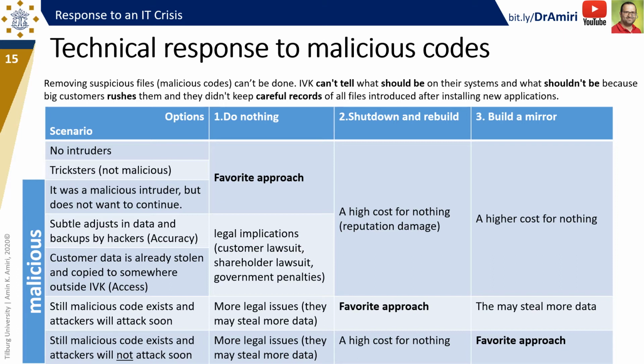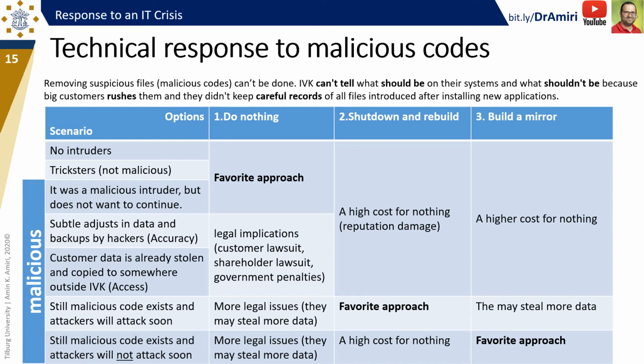That means you keep the current system running, but you create new computers and new systems, and you install all those applications there. As soon as you're done creating that mirror, you shut down the system that you are concerned about, and you use the mirror website or computer system that you created. So these are the three actions that the IT department could go for.